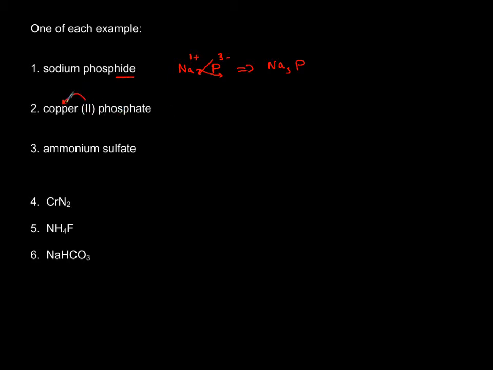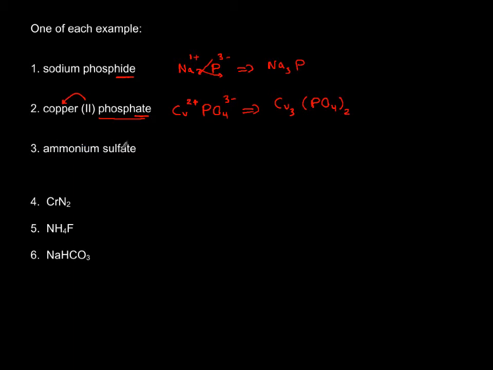Copper 2 indicating I'm a transition metal, Cu2 plus. Phosphate indicates that I'm not monatomic, I'm polyatomic. Somehow you have to memorize PO4 3 minus. Swap the charges, so Cu 3 times. If you have more than one polyatomic, you have to put it in parentheses.